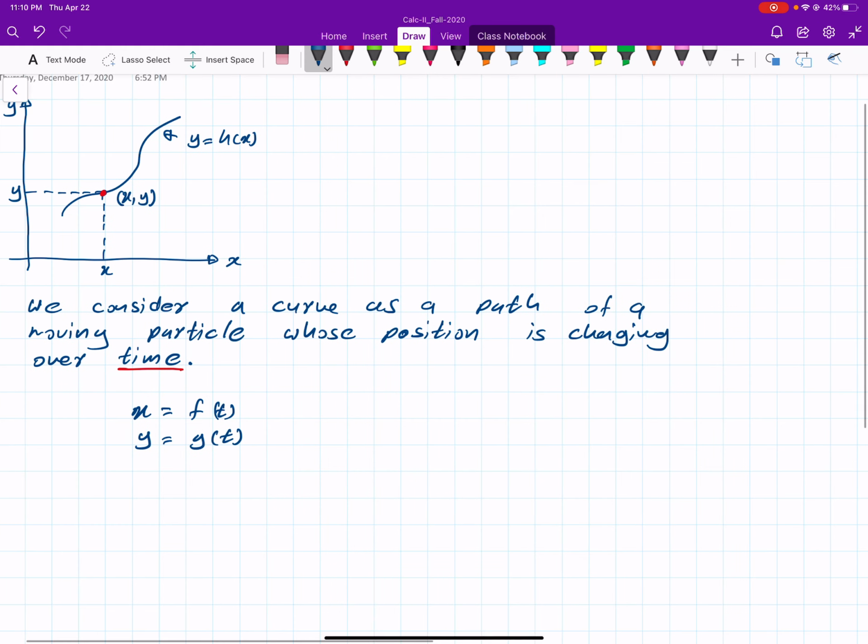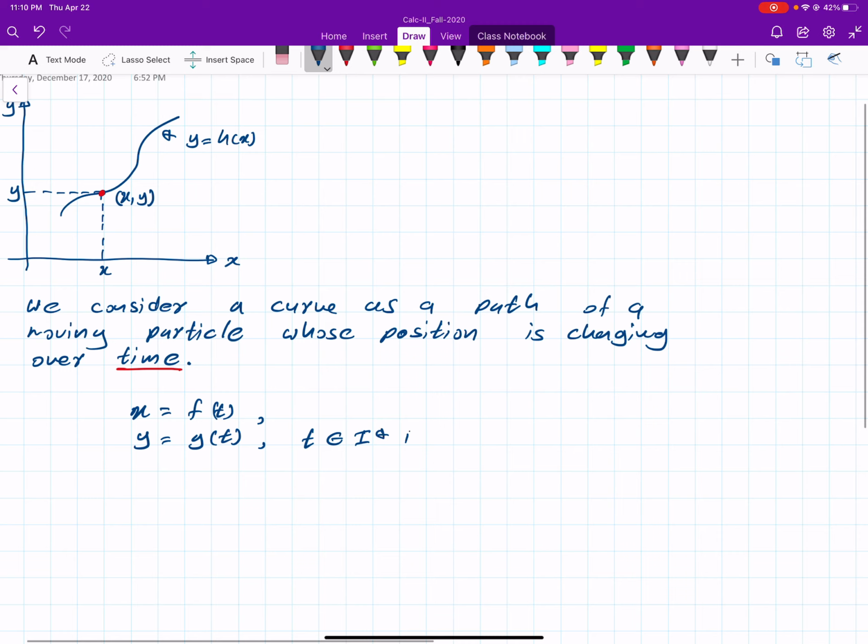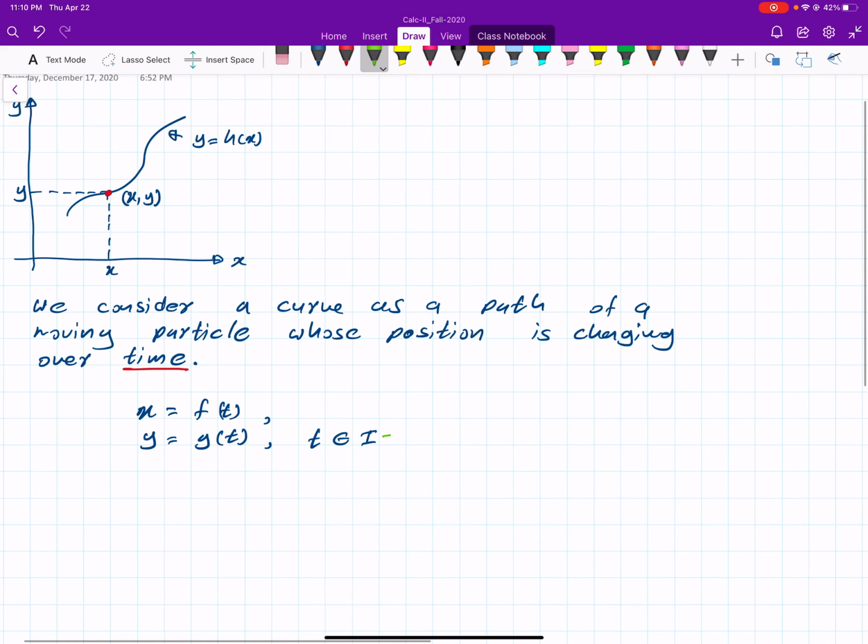All right, this t is in this interval, which is I. Okay, I is called an interval. Let me use a different color for that. This I is called an interval.